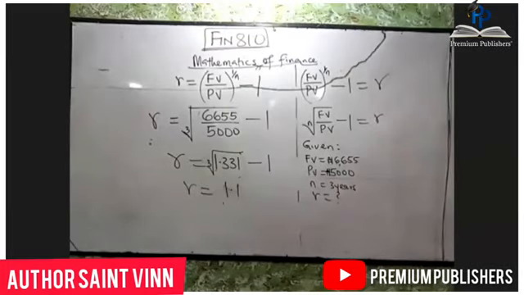As soon as I press it, I have 1.331, to confirm whether I like it. I press 1.1 cubed.